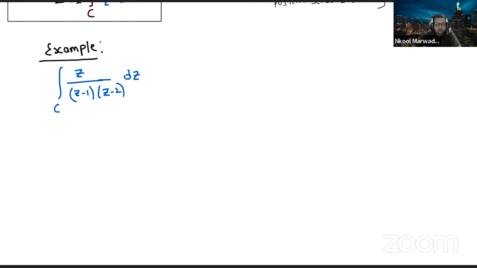Here the contour C is given by mod of z minus 2 equal to 1 by 2. This is the contour, and we have to find this contour integral.